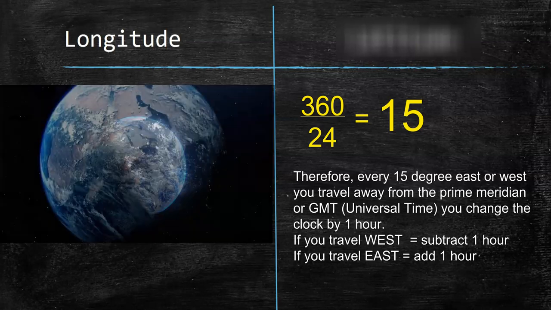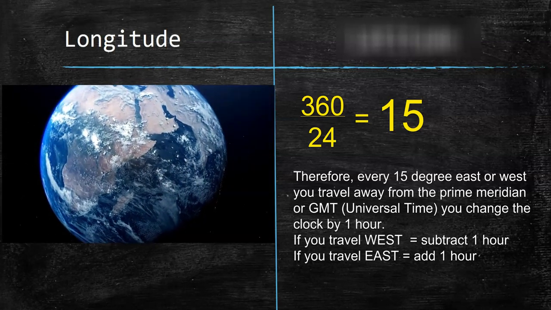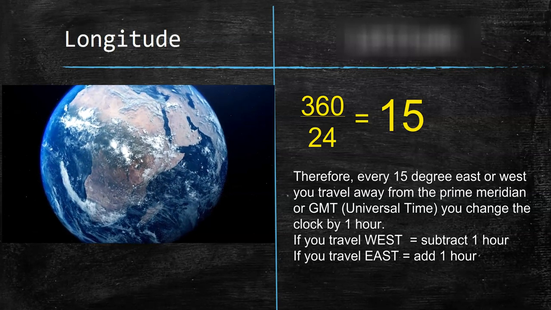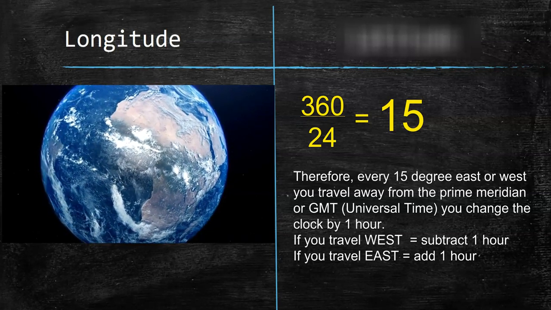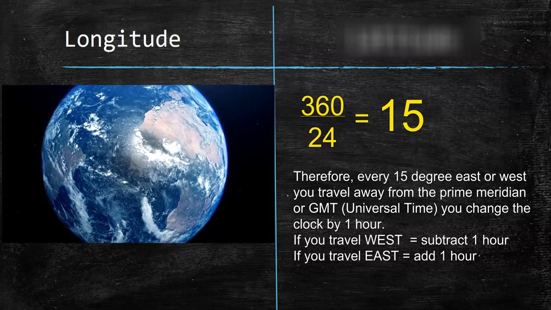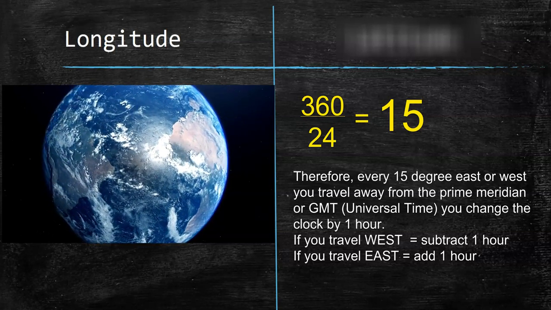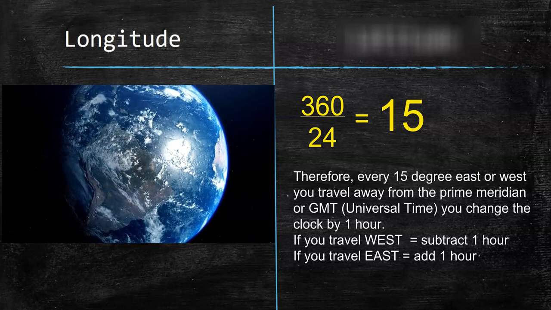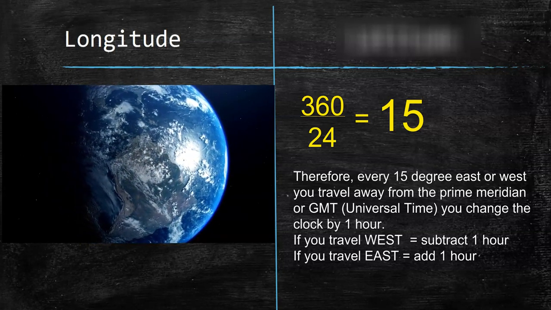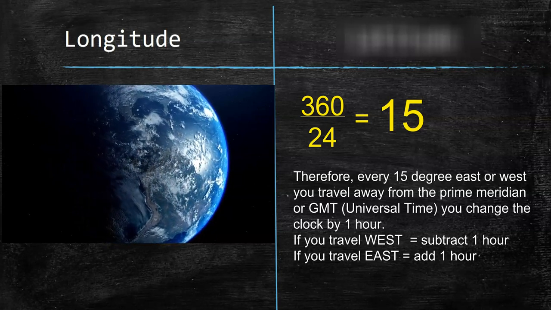That's usually a 5 or 6, maybe 7 hour flight, and you're going to change your location by so many degrees, let's say 70 degrees west. You take 70 divided by 15, which is 4.6, let's say 4.5. So you'll be roughly 4.5 hours behind London.